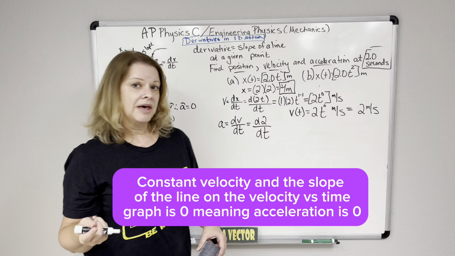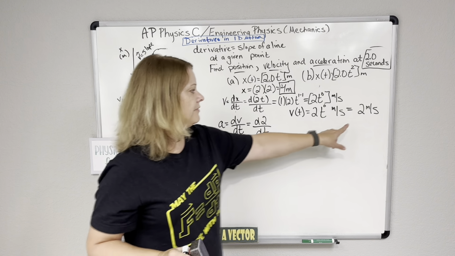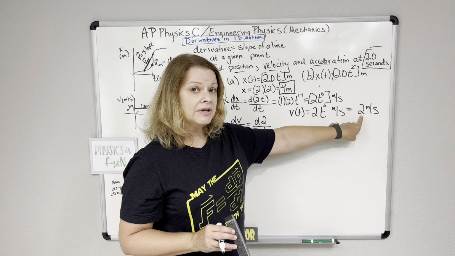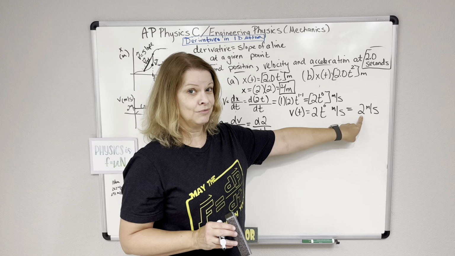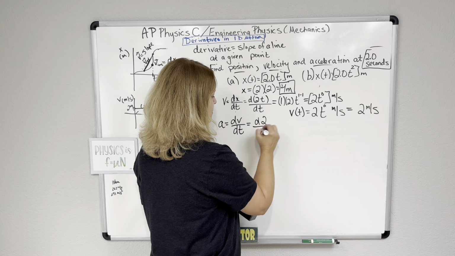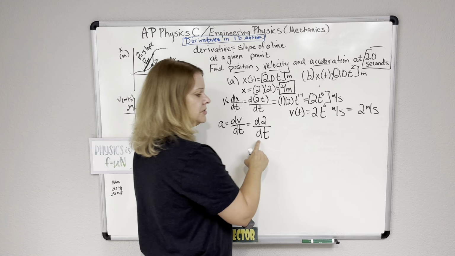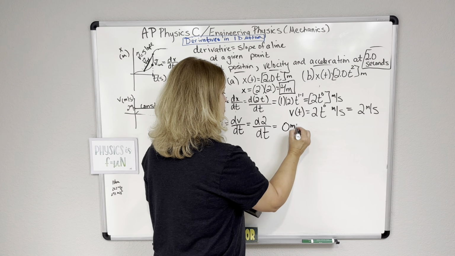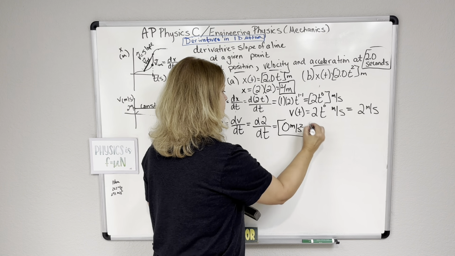And my colleague Beth told you that if you have a constant and you're trying to take the derivative of a constant, it's just 0. So my acceleration, if I were to take this derivative of 2 with respect to time, it's just going to be 0 meters per second squared.